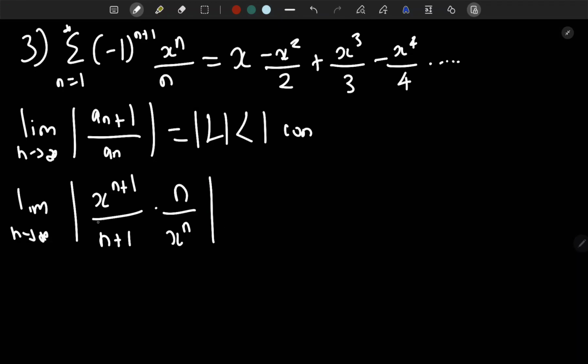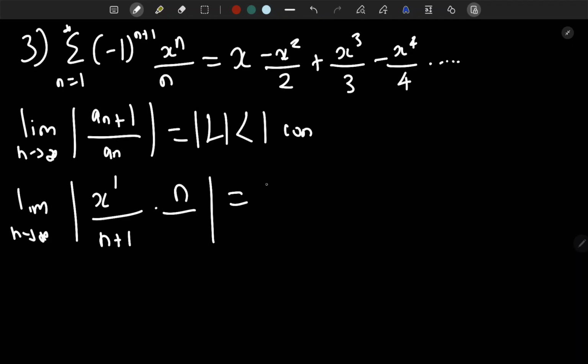So here, what can we do with x to the power of n plus 1? We can rewrite this as x to the power of n multiplied by x to the power of 1, right? So here, we can cancel the x to the power of n with this part, and all we will be left with is x to the power of 1. So let's do that. And now, let's simplify this.